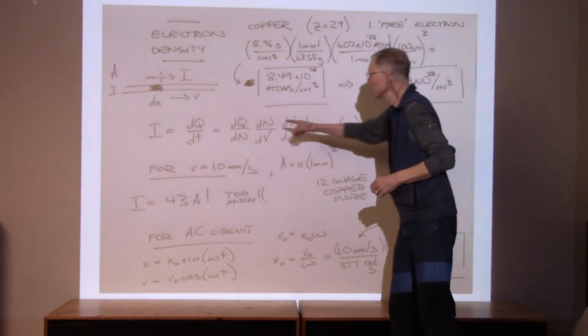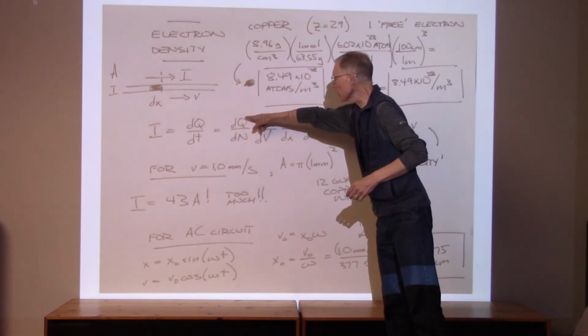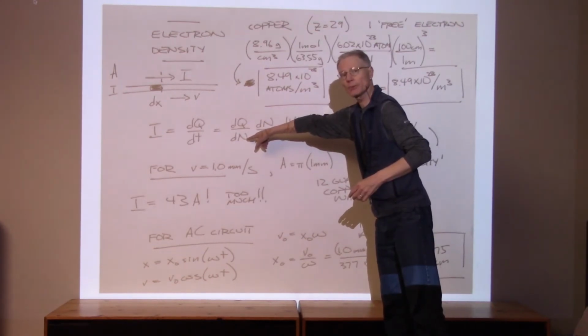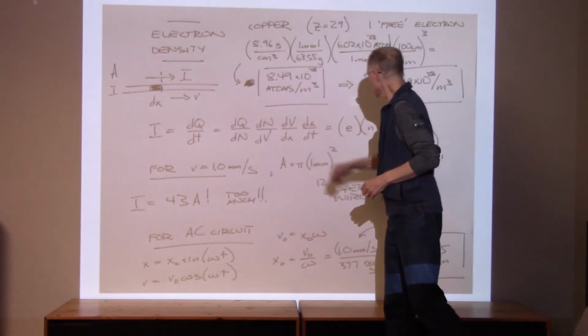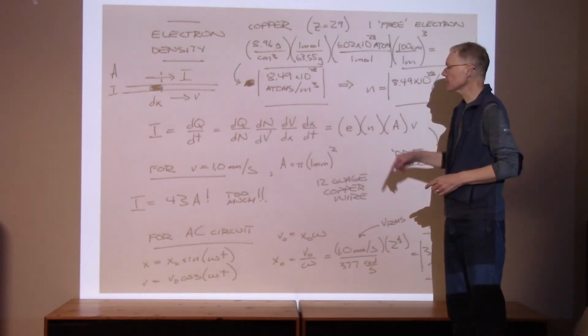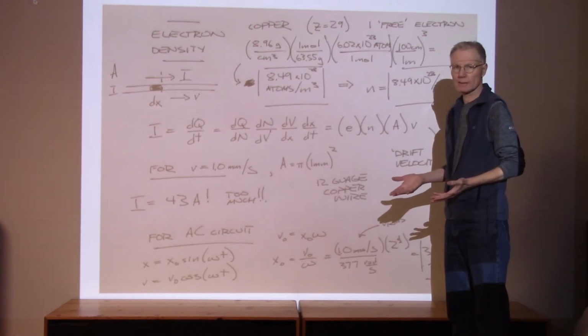So however much charge is in there is related to how many electrons there are. And there's going to be some number of electrons per volume. We call that little n, the electron number density.